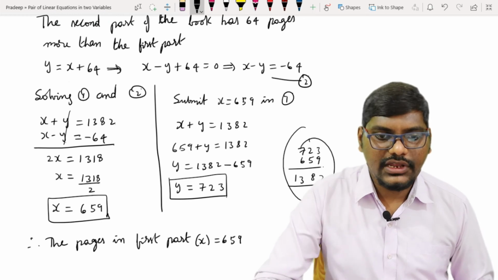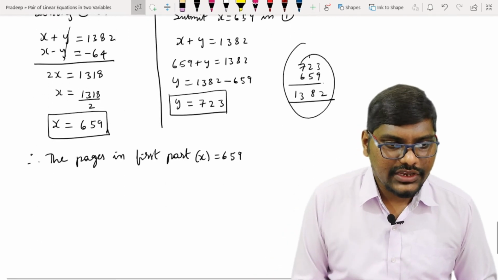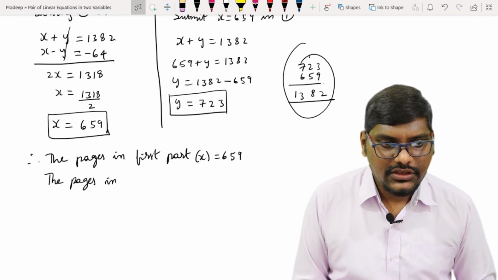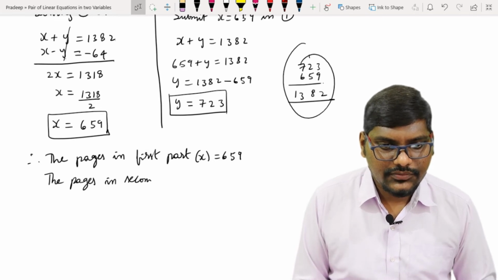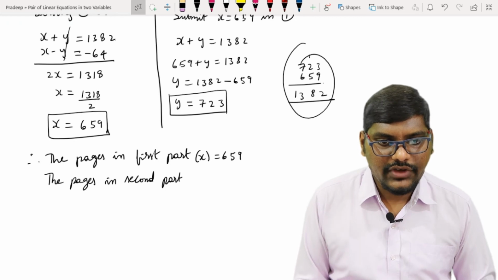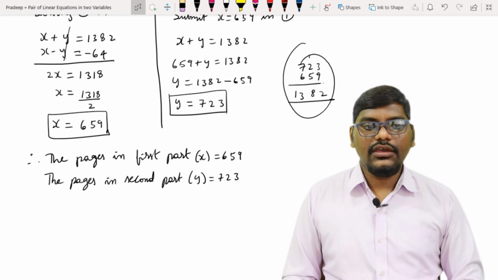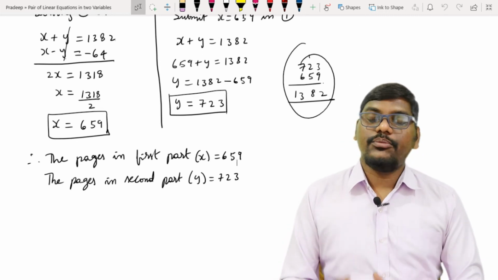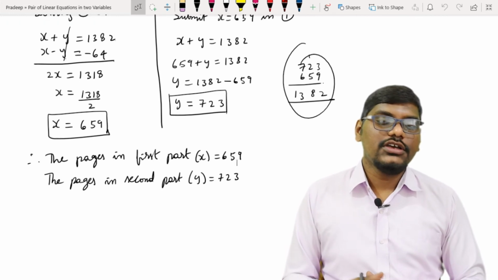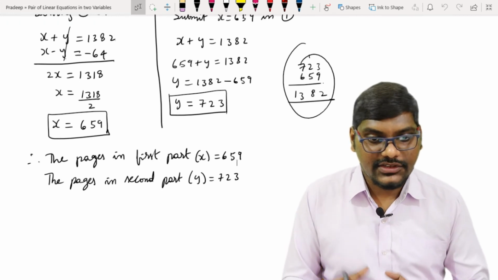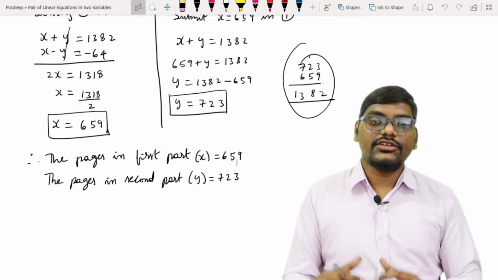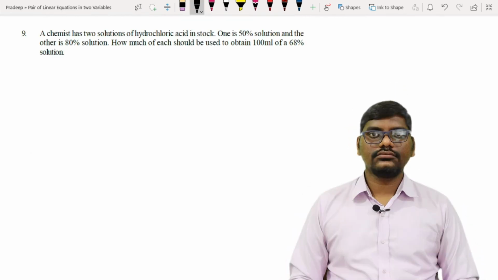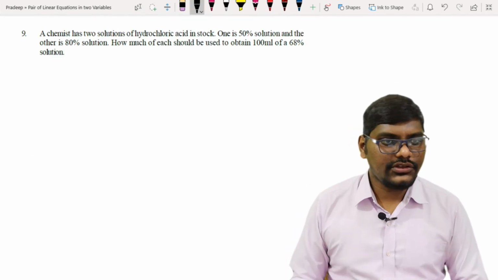In the same way, pages in the second part, that is y, we are getting as 723. They asked us to find the number of pages in the first part and second part of the book. So the first part has 659 pages and the second part has 723. So let's see the ninth question.